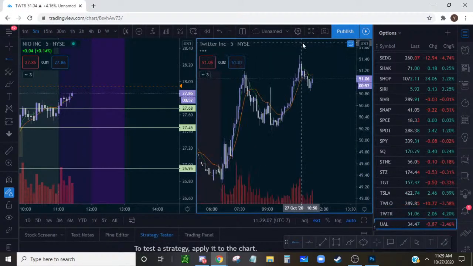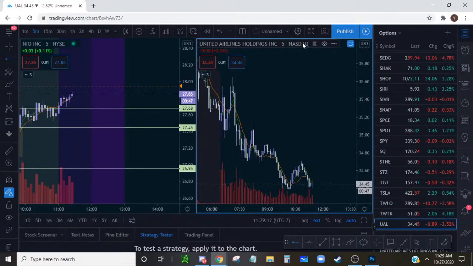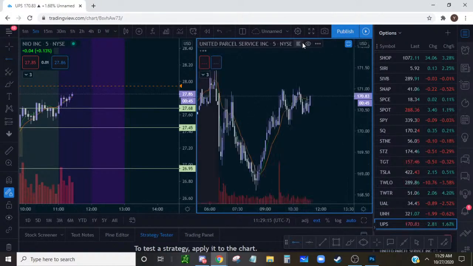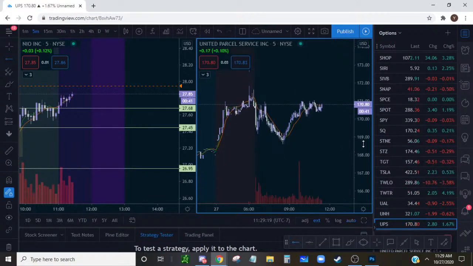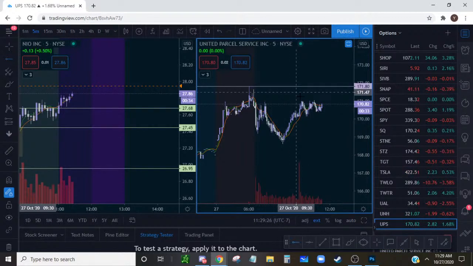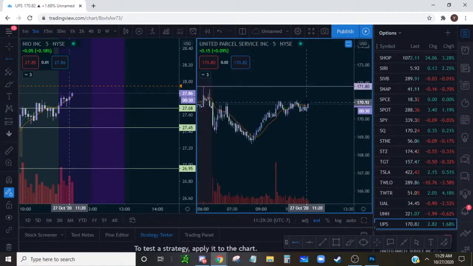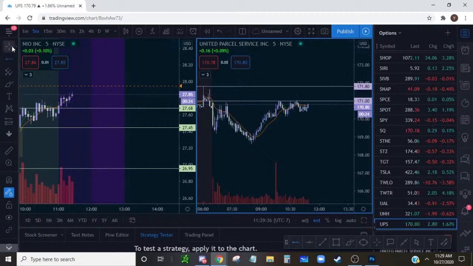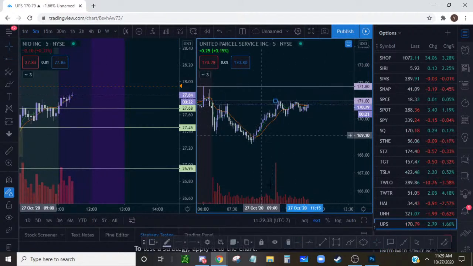Gold. CZR. I do have Twitter in equity though, by the way. UPS looks like a good trade. Gold. Definitely wait for that 171. We get a quick 80-cent scalp on that one.